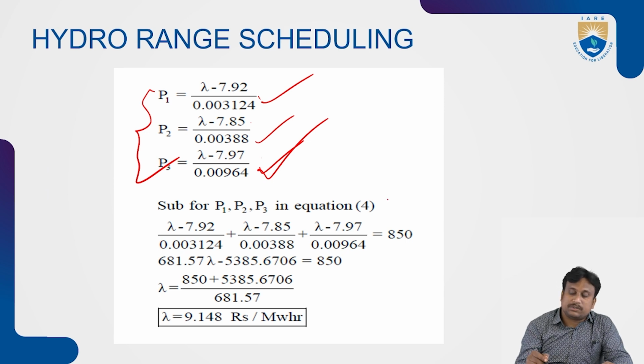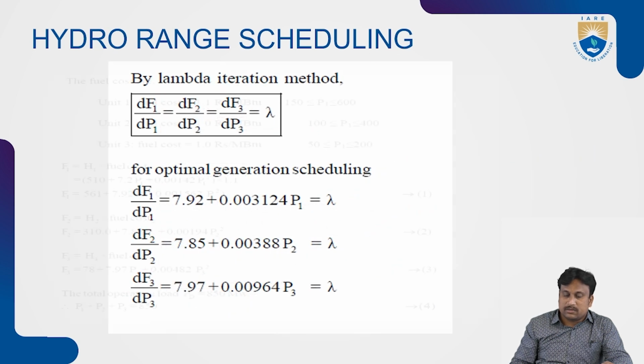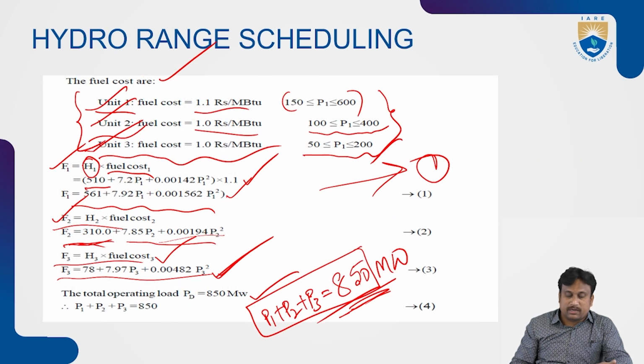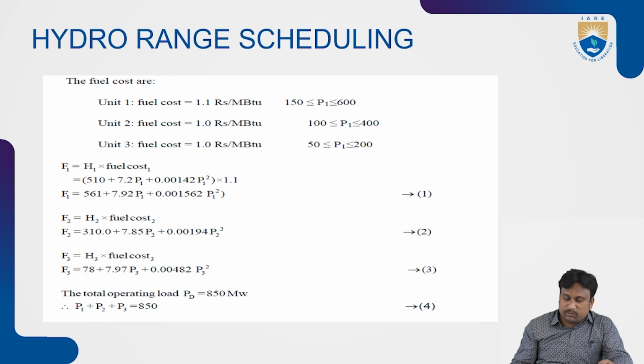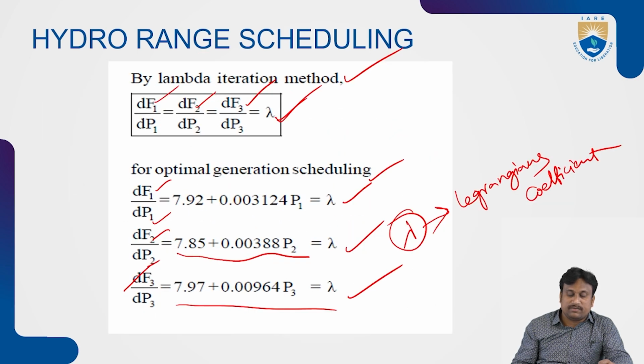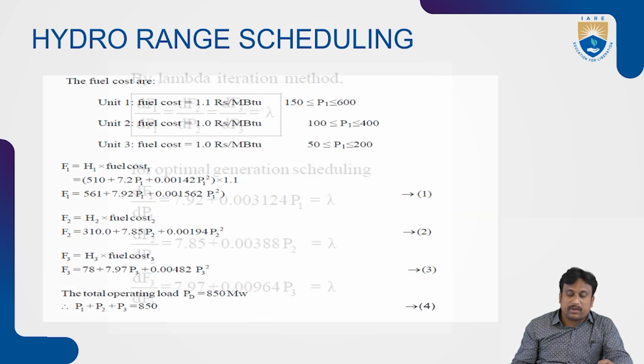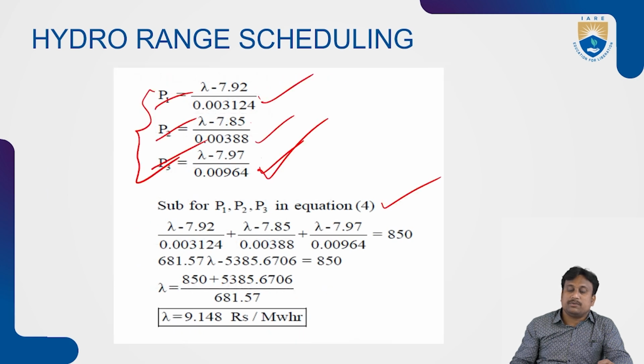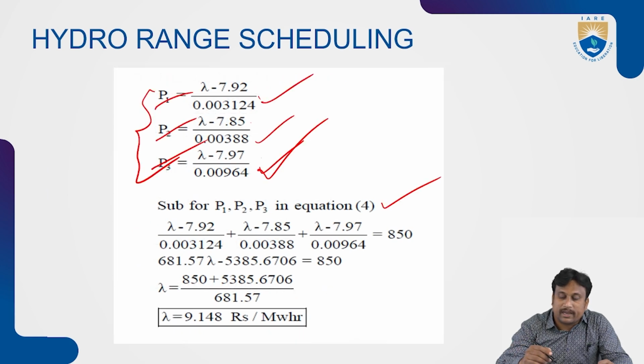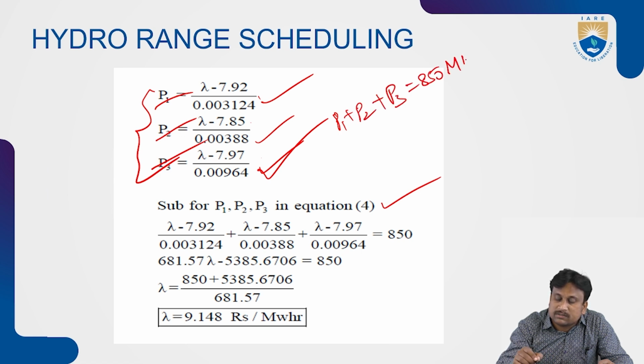So substituting for P1, P2, P3 combinations in the given expression, we may obtain the result. Here the P1, P2, P3 combination totals 850 megawatts. So we need to substitute: P1 plus P2 plus P3 equals 850 megawatts.